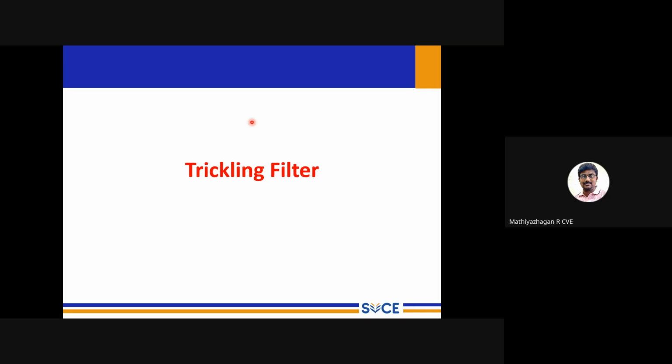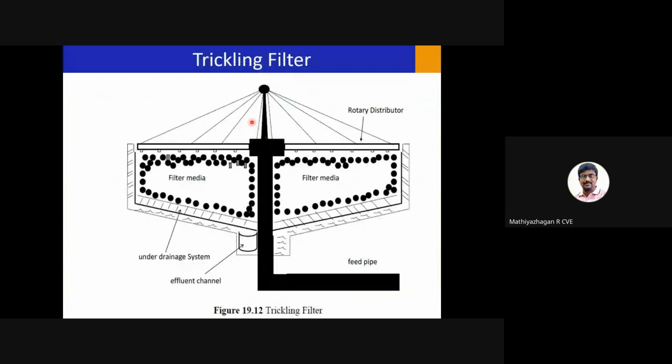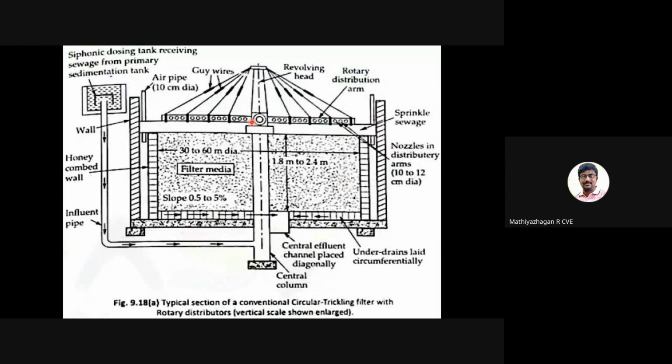When the raw sewage enters the filter media, like this filter bed, the filter bed has the filter media. On the surface of the filter media, we have the bacteria attached.